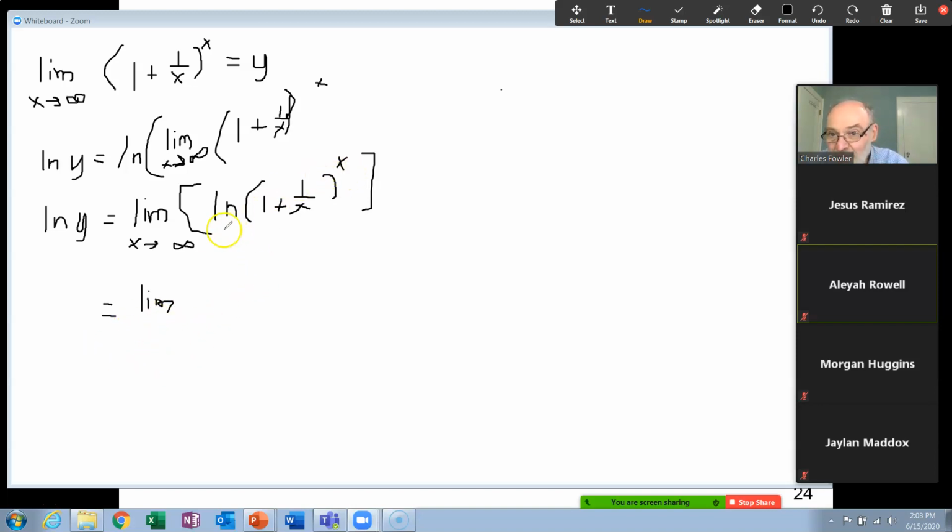What I'm going to change here is that a log of something raised to a power is the same as that power, x, times the log of 1 plus 1 over x. This is ugly writing, and it's okay. And this limit is as x goes to infinity. All right, now what do we have here?